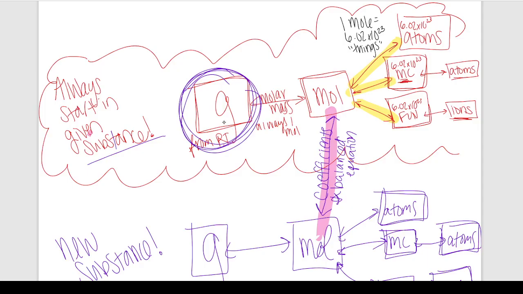So I need to go from grams to atoms. But I have atoms here, and here, and here and here. How do I know which one I'm going to? Or does it matter?